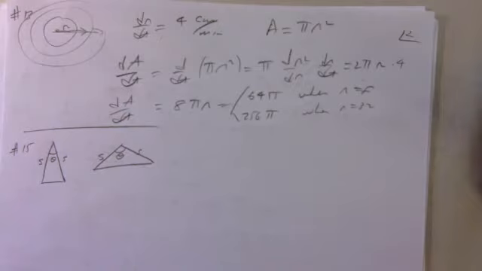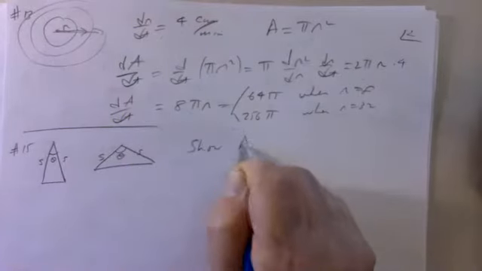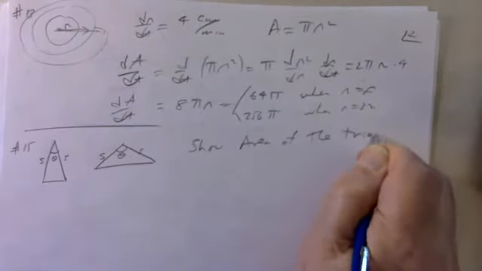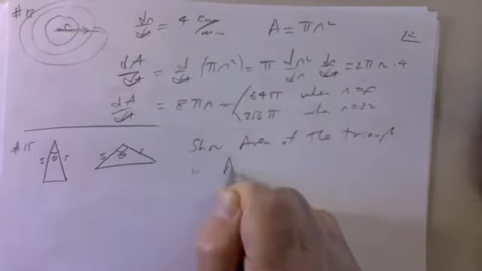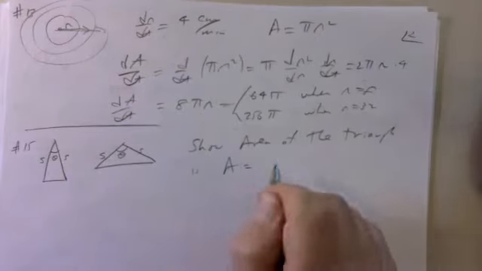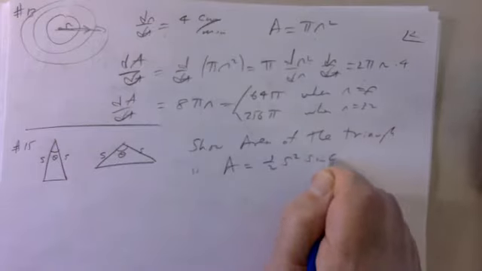So the first part is to show that the area of the triangle is one half S squared times the sine of theta.